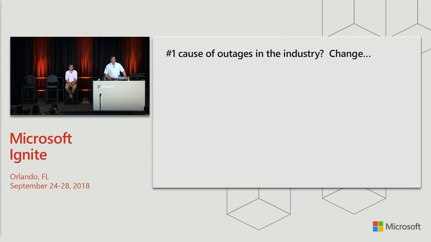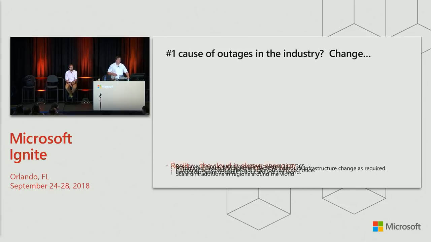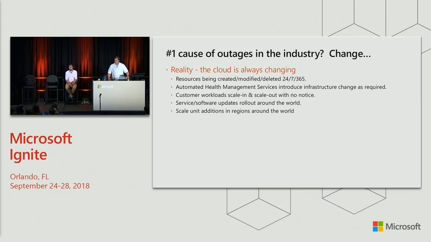Number one cause of outages in our industry is change, right? That's one of those unexpected things that is sort of expected in the cloud, because the reality is that the cloud is always changing. Resources are being created, modified, and deleted all the time.